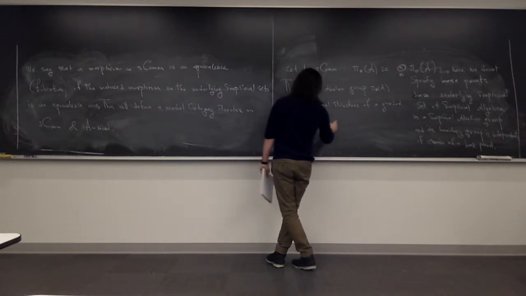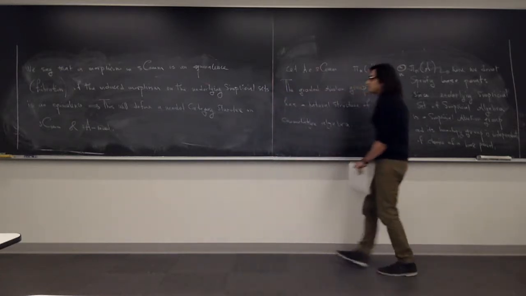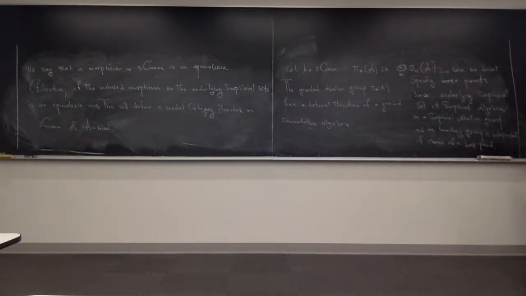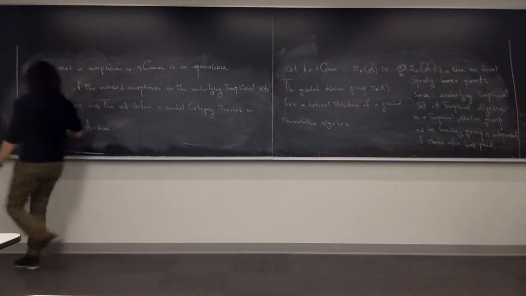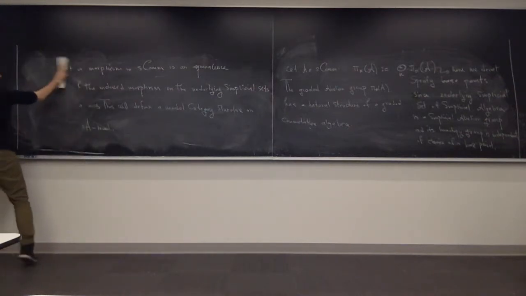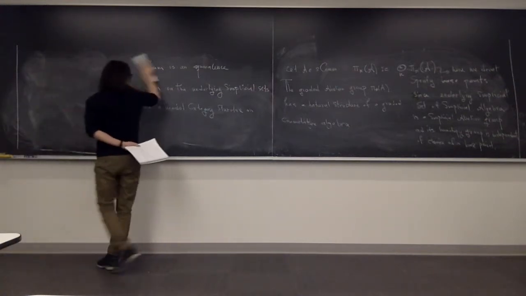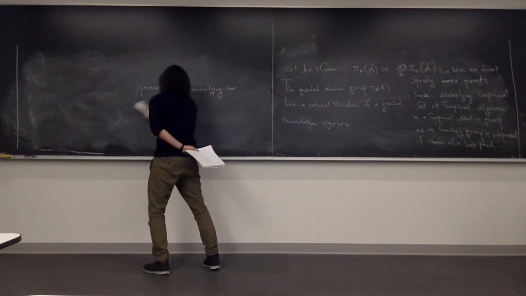I need to specify why this is the case. It's a graded commutative algebra. So why is that? So let's see. Being a graded group, I think, is obvious.